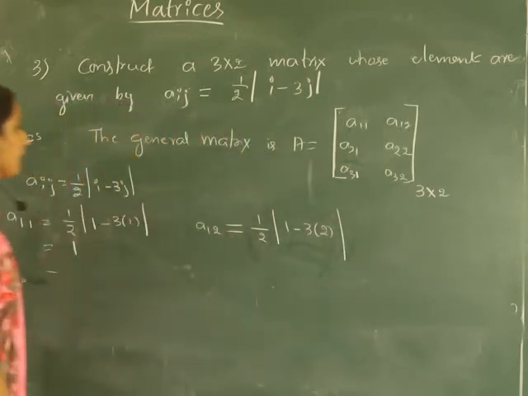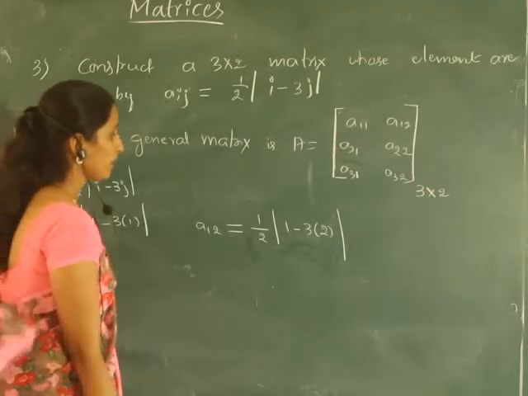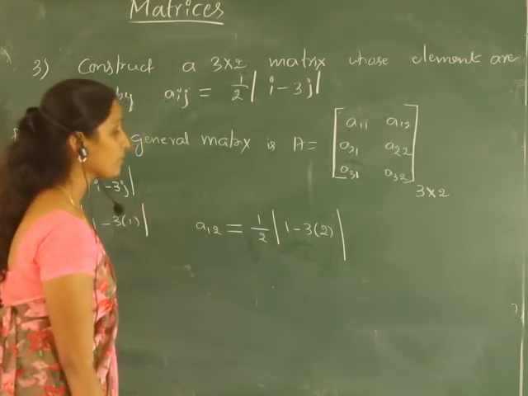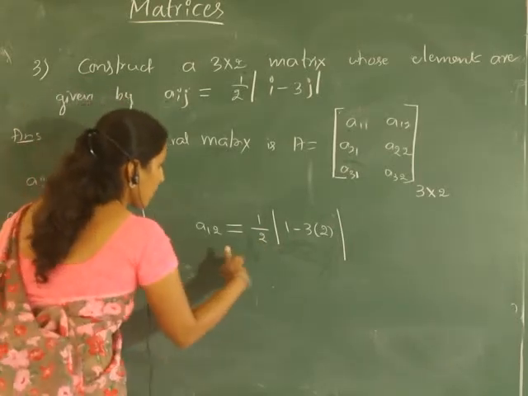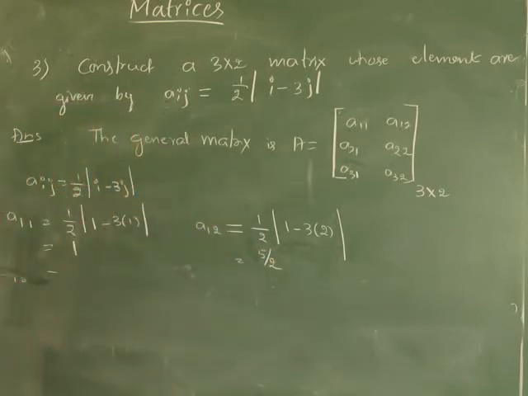We substitute the values of i and j. 1 minus 6 is minus 5, the modulus is plus 5, so it is 5 by 2.